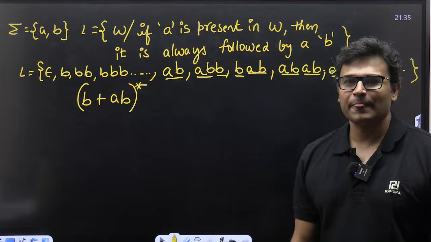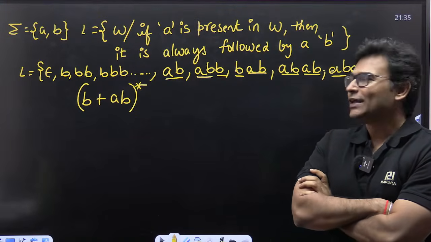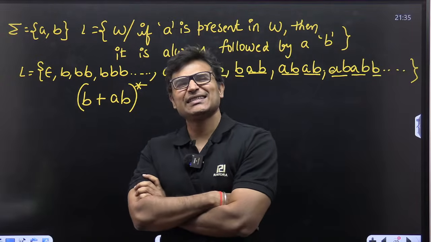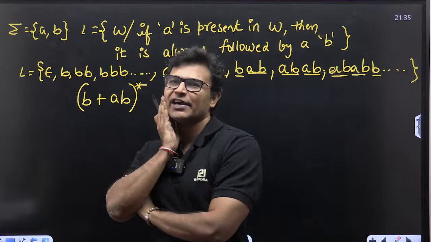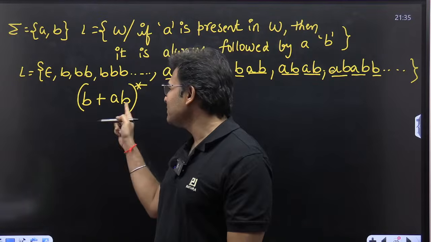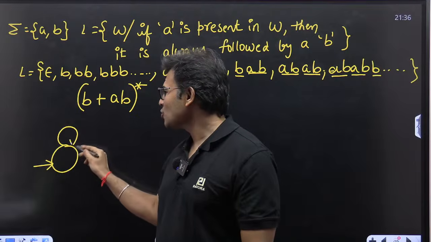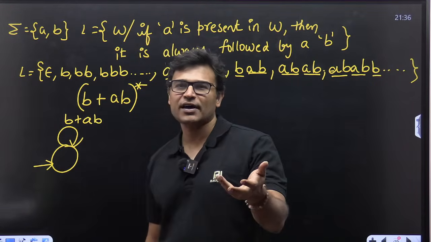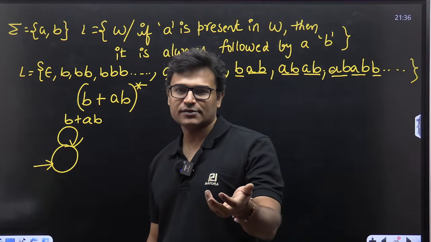Okay. So I'm going to tell you a technique which we will see later, but I will just tell you a technique. Whenever this kind of regular expression is there, see B plus AB, right? So I can put a star on B plus AB. This is not a DFA. Why?